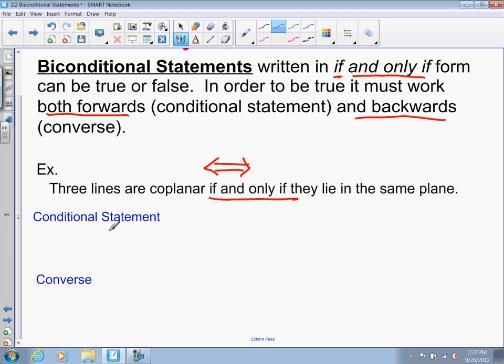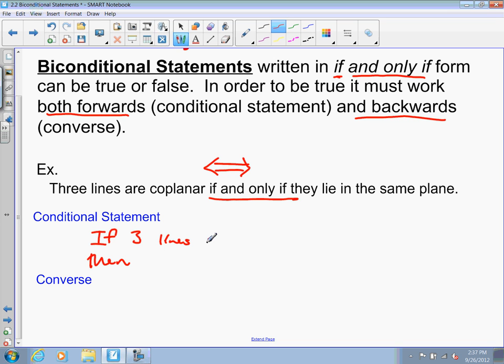And I think I already pretty much said that. So a conditional statement is that if-then statement. If this, then we can conclude what? So if 3 lines, and if you want to abbreviate things, go for it. It's not necessarily English class, but we want to make sure you know the definitions here.